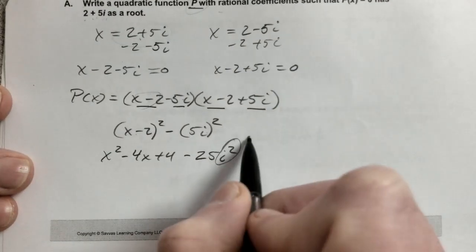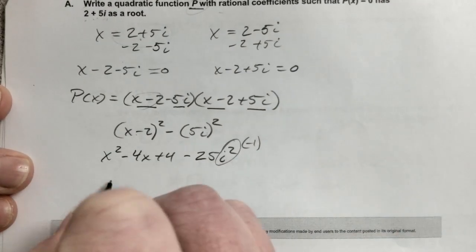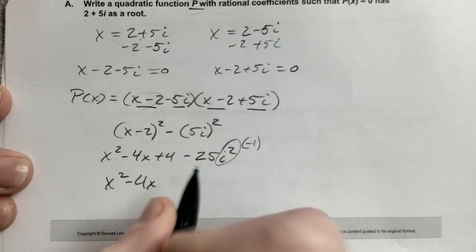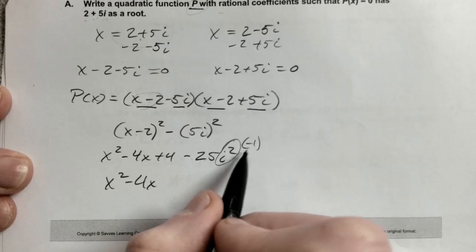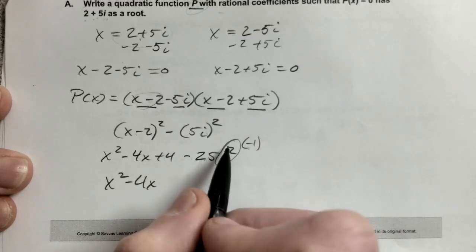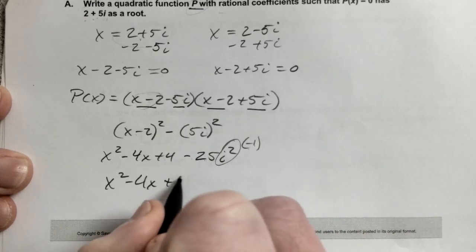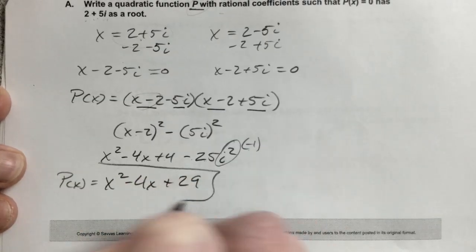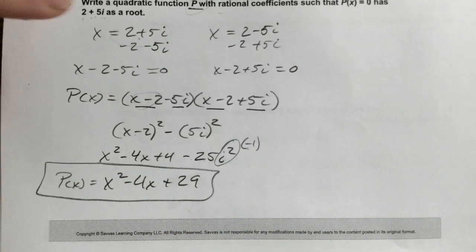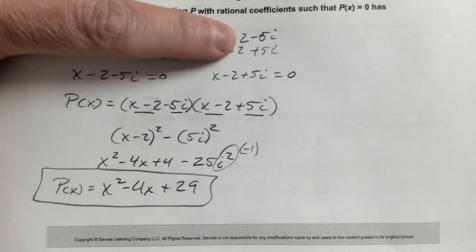Now recall, i squared is negative 1. So we get x squared minus 4x plus 4, and then negative 25 times negative 1 is a positive 25. So 25 plus 4 is a grand total of 29. That is our polynomial with the zeros of 2 plus 5i and 2 minus 5i.